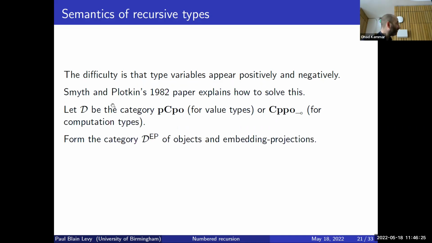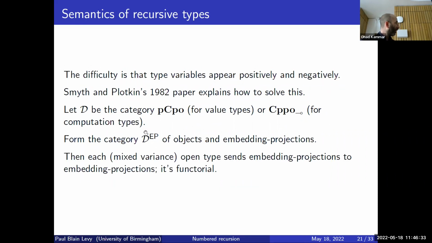And that's your category D. And then you use these things called embedding projections, which is like a way of growing a CPO. So even though a type is mixed variance, it's still covariant in these embedding projections. That's the basic idea. Again, I can't give you an introduction to this if you've not seen it before.